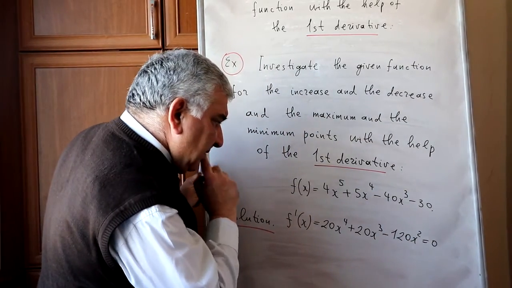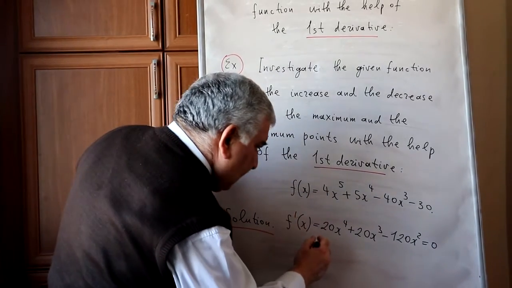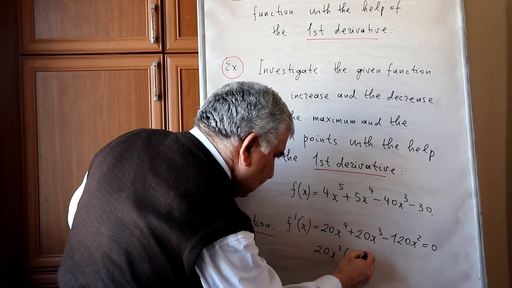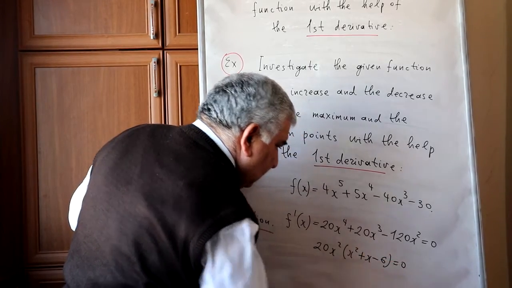Then we can take 20x squared out of the parentheses: 20x squared multiplied by x squared plus x minus 6 is equal to 0.